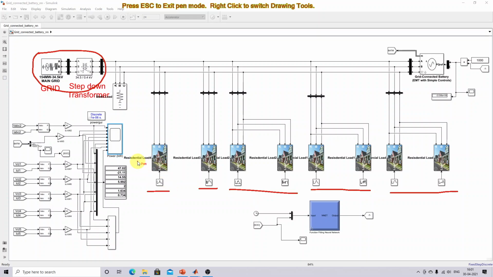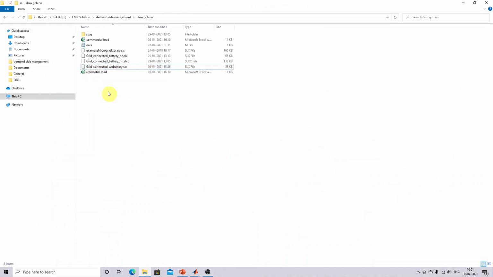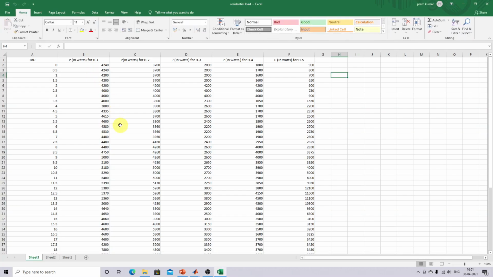Okay, so this load data is taken from some local station. So the details are presented here. Here you can see the residential load data for 24 hours, for residential load 1, 2, 3, 4, and 5.